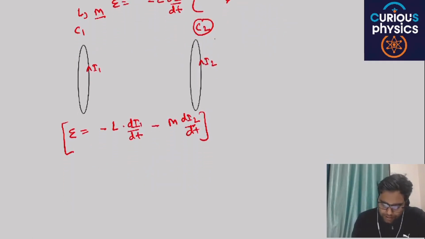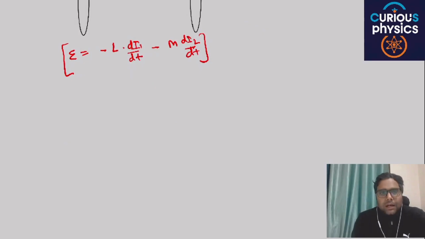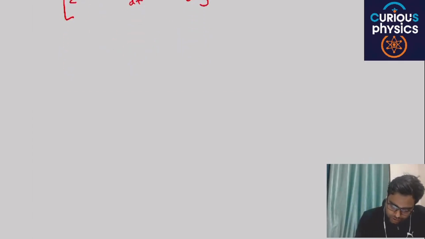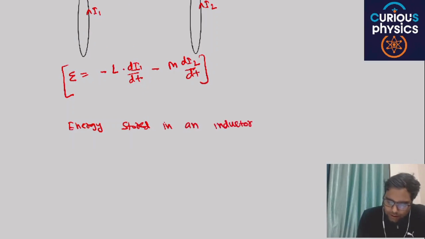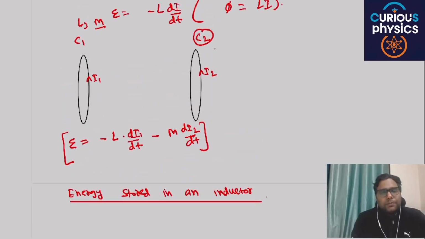Okay. The next thing is to find the value of energy stored in an inductor. Let's say I1 current is moving in coil 1.